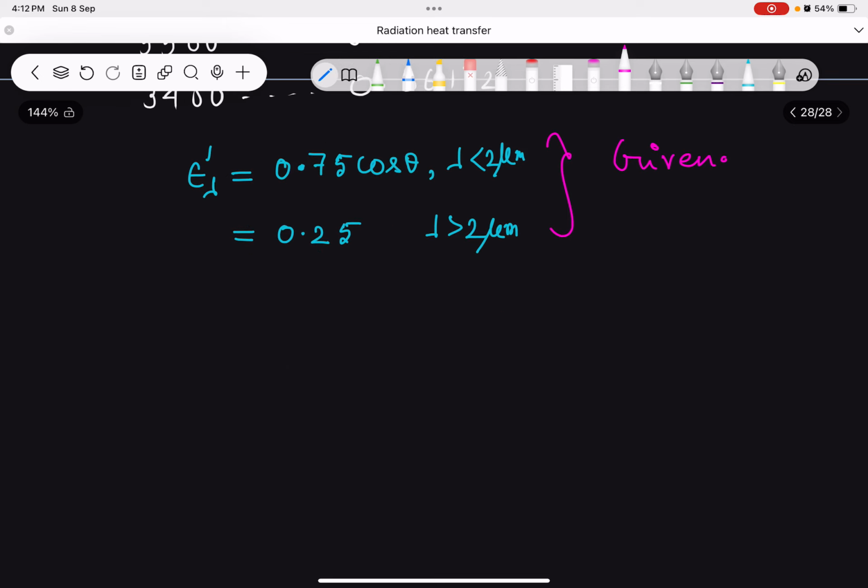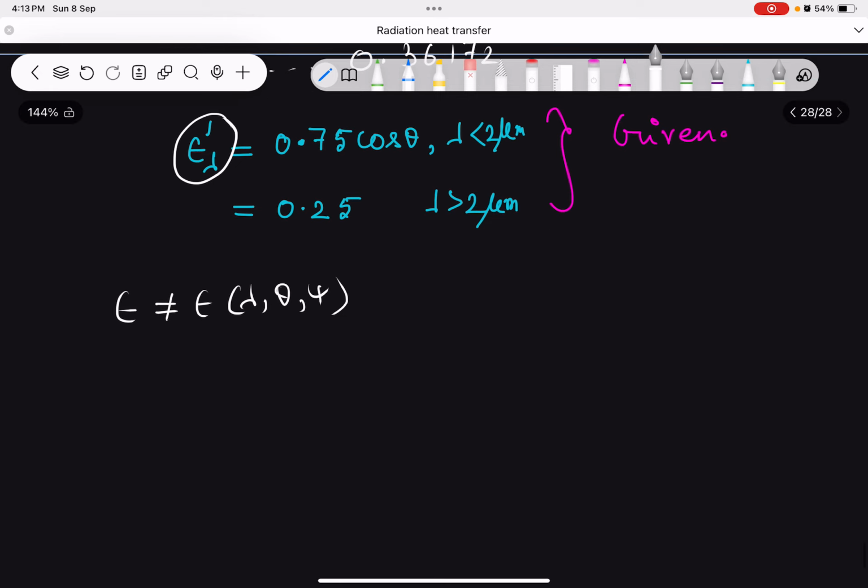First of all, build a thought process. You are asked for epsilon, which is neither a function of lambda nor of theta or psi, and you are given this. So how can you correlate epsilon with this?